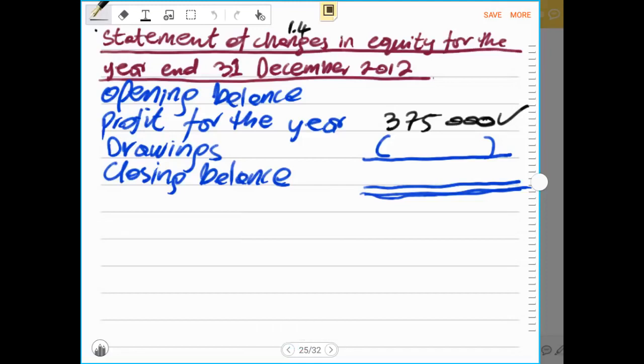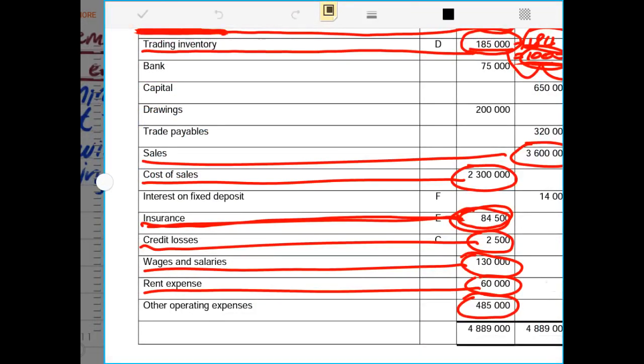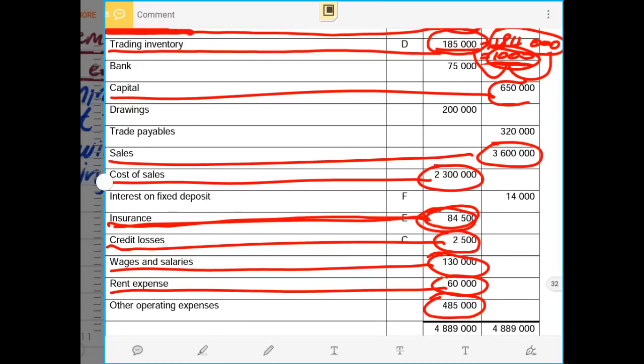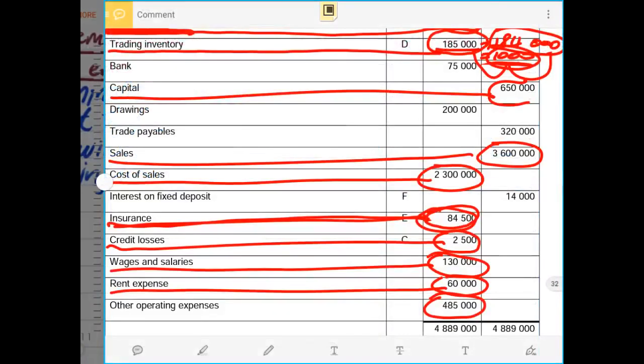Then after, we have to record the opening balance. Normally it will be the amount of the capital or retained earnings where there are retained earnings. Capital is 650,000 rands. Then we record that capital as 650,000 rands opening balance. The amount of drawings, remember there was no adjustment with regard to drawings.